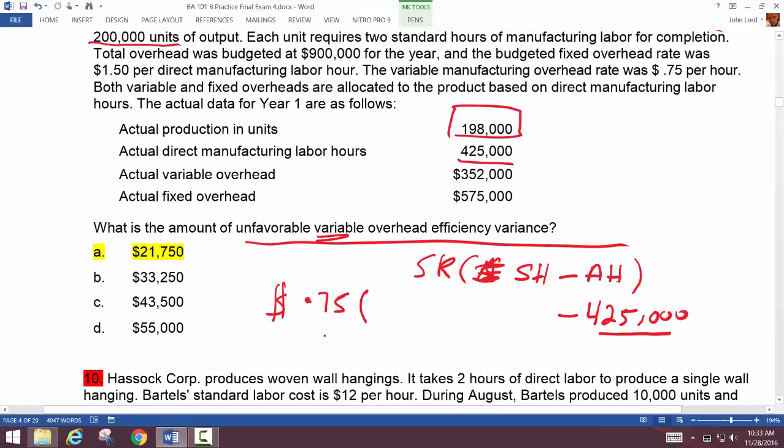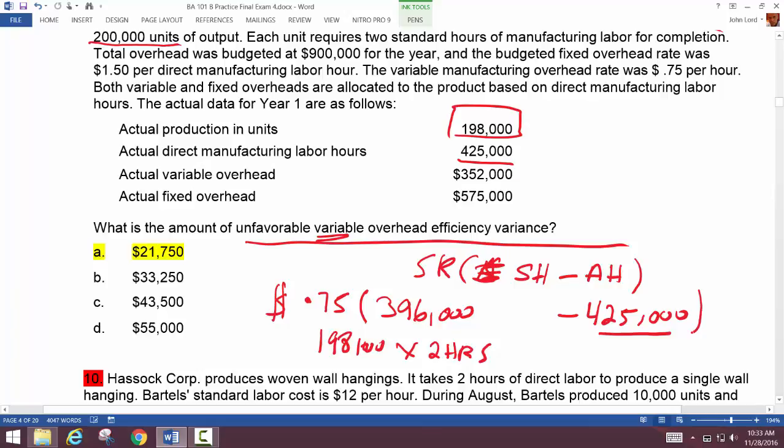Okay. So if they actually produced 198,000, and they were supposed to spend 2 hours per unit, then 198,000 times 2 hours is what? 396? Okay, so that's 396,000 hours is what they should have used.